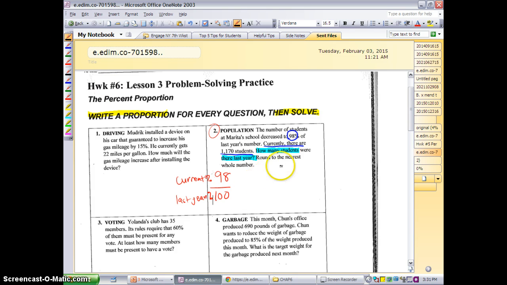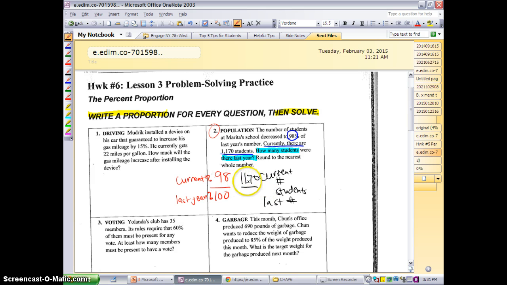The second ratio that I want to write is not on percentage, but it's actually the number of students specifically for this question. And for this question, we want to compare current number in the numerator over last year's number of students. So currently there's 1,170 students, so then I'm going to write that in the numerator.